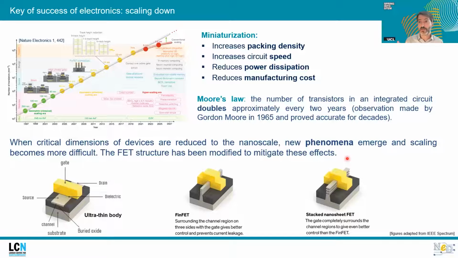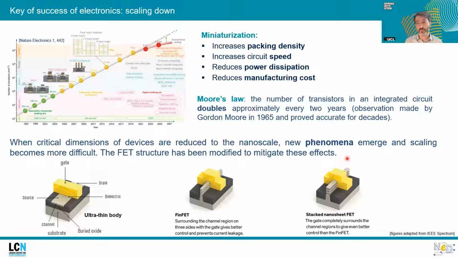However, there are some limitations to this process. When we scale down the transistor to very small sizes, there are new phenomena that are happening, and basically we cannot simply keep going with the same structure. And indeed, the semiconductor industry has come up with new solutions.